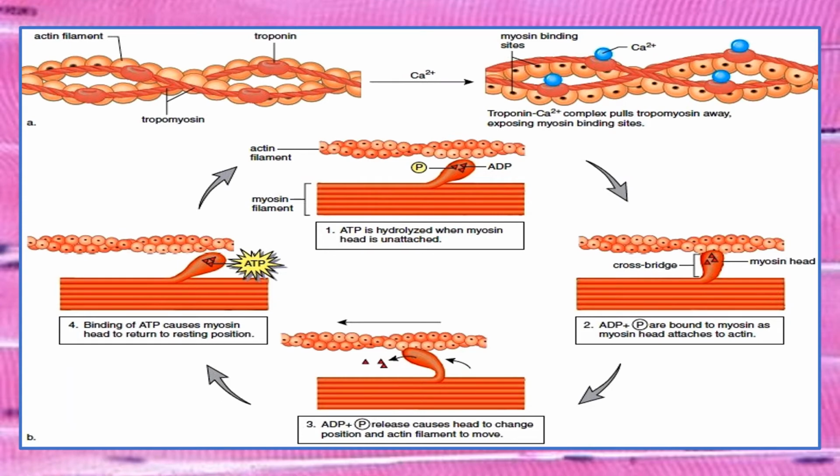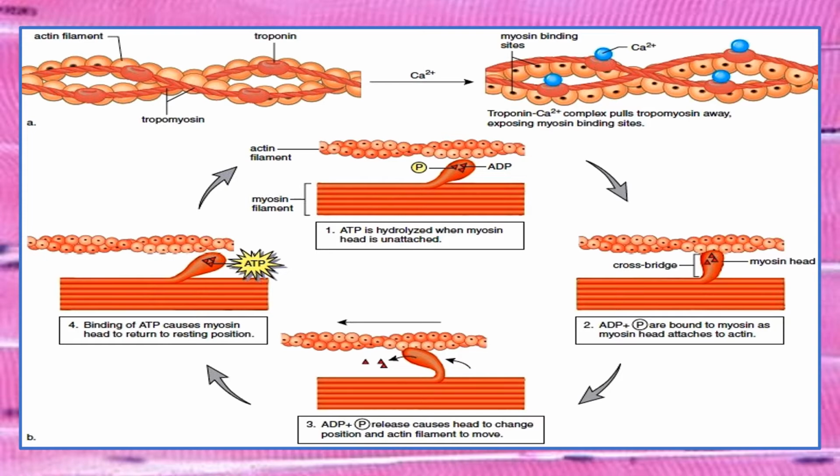Now let's dive in deeper into the process of contraction and the roles of actin and myosin. In order for a muscle to contract, myosin must be able to bind and form cross bridges with the actin filaments. However, in a relaxed state, the binding sites found on actin are blocked by a complex made of troponin and tropomyosin. Contraction cannot begin until this complex is moved out of the way.